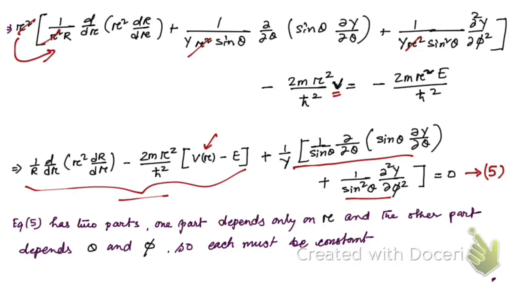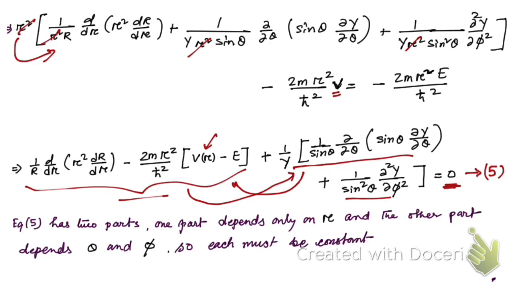This part doesn't depend on that, and that part doesn't depend on this. So to get 0 on the right hand side of the equal sign, both of them must be constant. If this is plus m, then that must be minus m. You can consider it that way. If it is plus m squared, that must be minus m squared. Then it will be possible to get 0 on the other side.